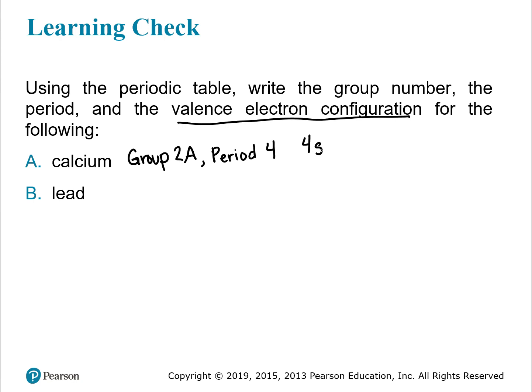So we've got part of the electron configuration just from knowing the period and which block. Now you just have to count. Calcium is in the second group. There are 2 valence electrons. So this is your configuration.